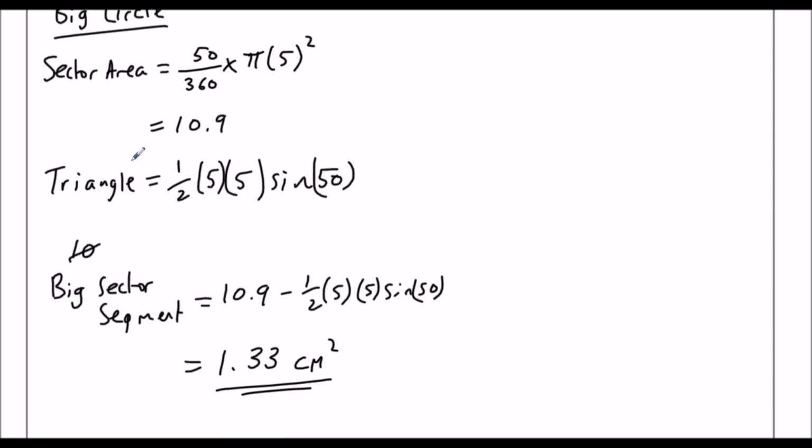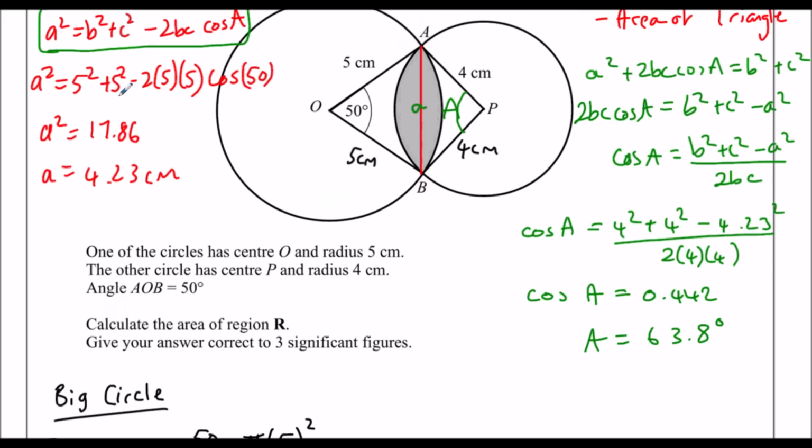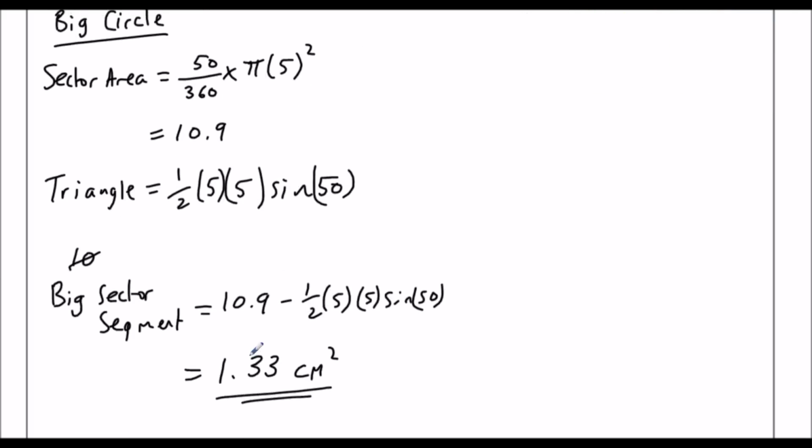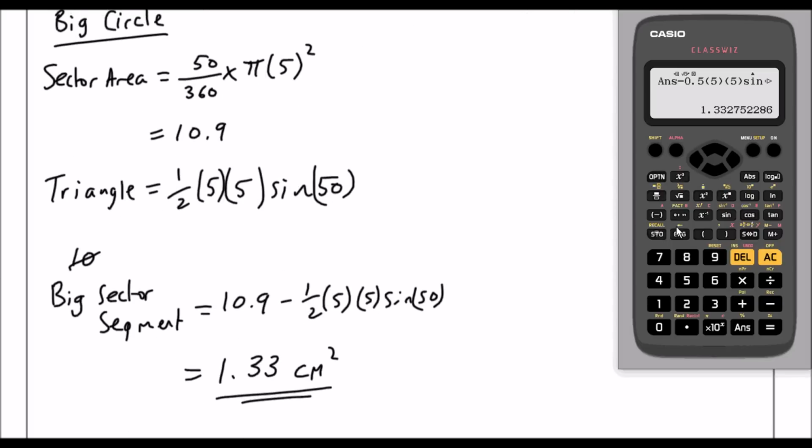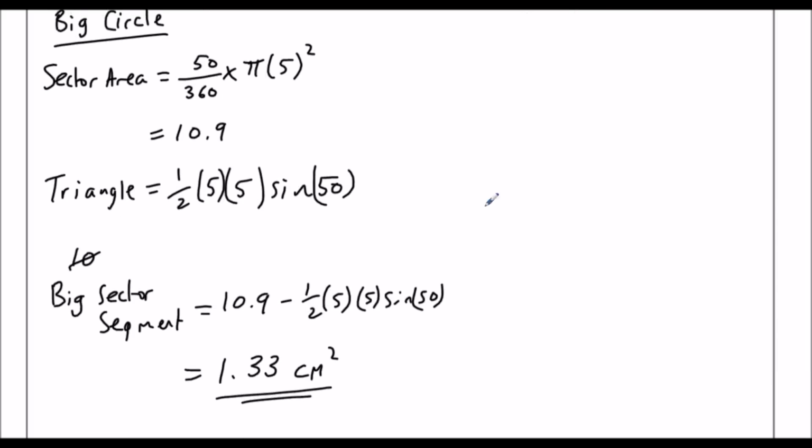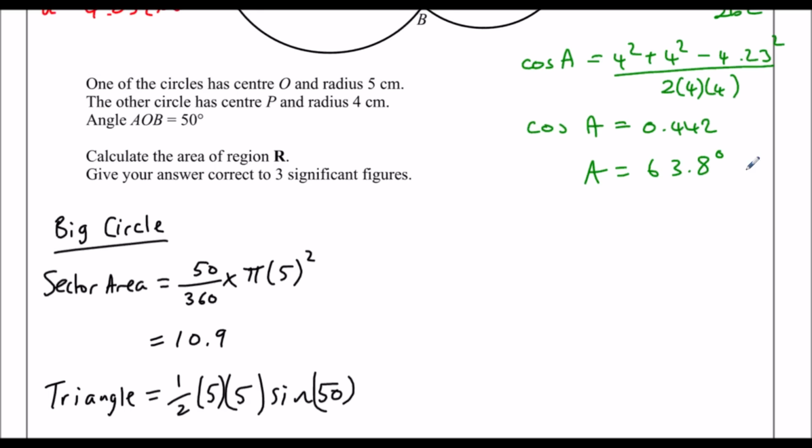That's the big circle segment, which is that part there. That's 1.33. I'm going to store that in the calculator as well. I'll call that one B. I just make a note to say I've stored that as B, so I don't forget. And I've stored this one as A.